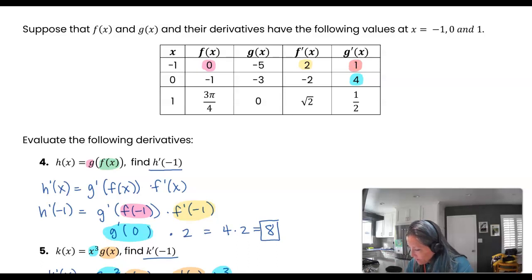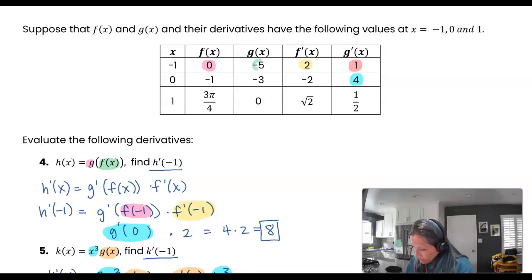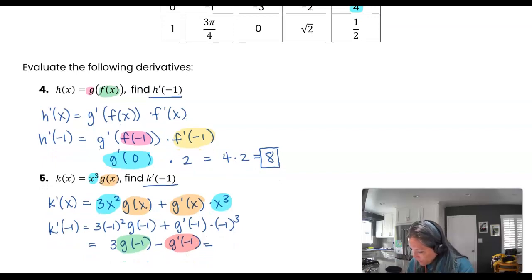It's 1. And we also need our g of -1, which is -5. So let's go ahead and bring these in. So we had a -5 and a 1. Bring everything else down. Looks like we have a -15 minus 1, which is a -16.